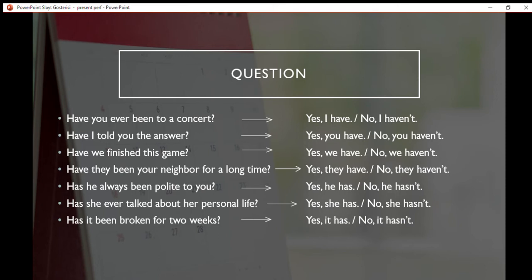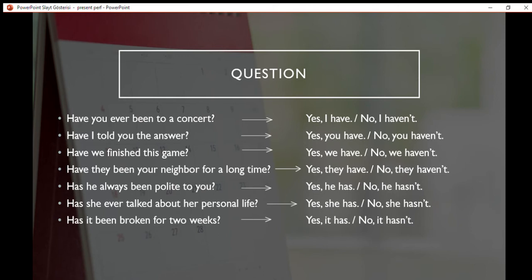Have they been your neighbor for a long time? Yes, they have. No, they haven't. Has he always been polite to you? Yes, he has. No, he hasn't.